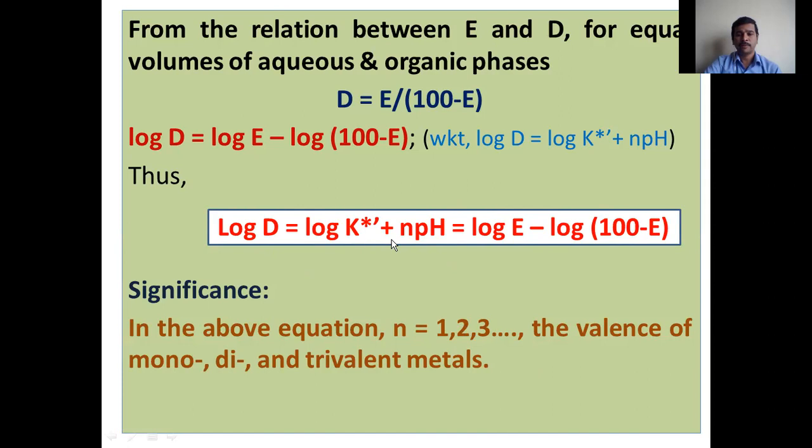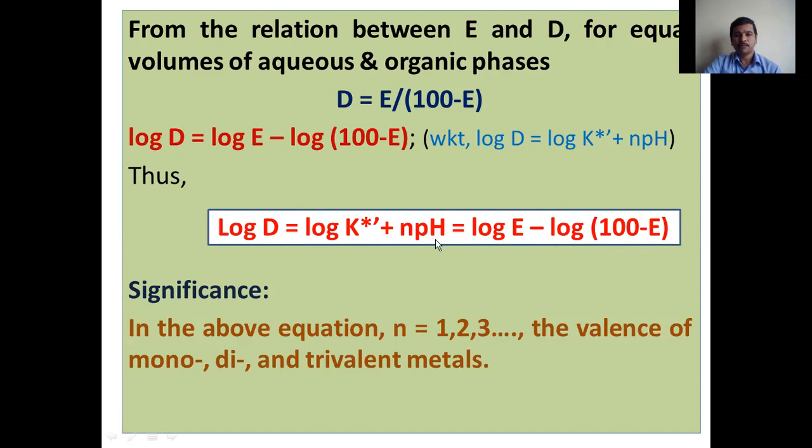So log D has a direct influence from pH, through N into pH. The pH to be monitored for the extraction of a monovalent metal will be higher when compared to divalent, and to trivalent. The pH to be regulated in order to extract a trivalent metal will be lower.